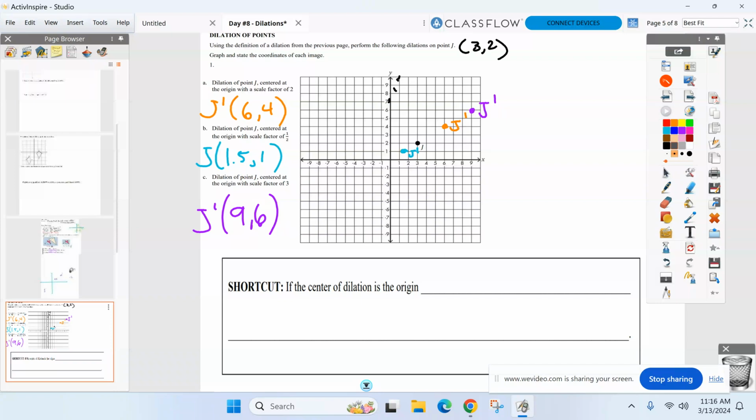Multiply by the scale factor. Again, guys, I love this shortcut, and I know you will too, but I have to emphasize you can only use this shortcut if you're dilating around the origin. We're about to do a new problem where we're not, so I can't use this shortcut.